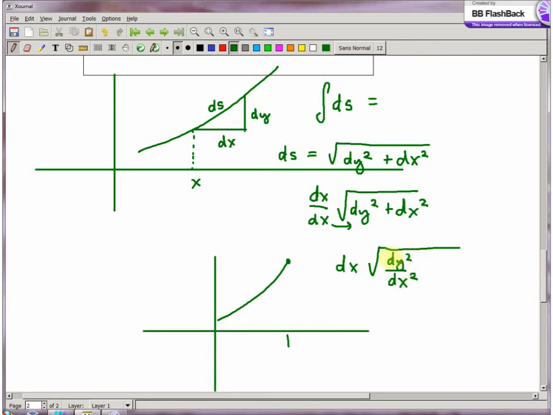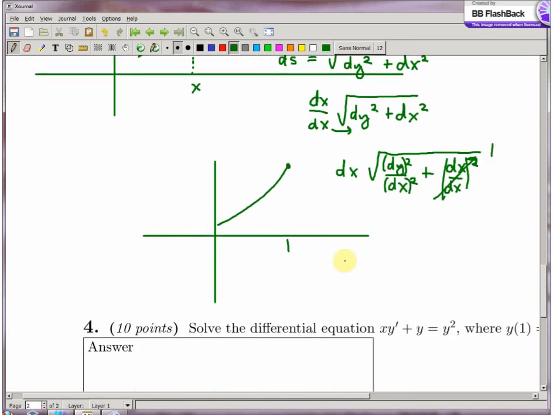The dx on top is left outside. I don't mean the second derivative here, I just mean the differentials are squared. But dx squared over dx squared is just 1.